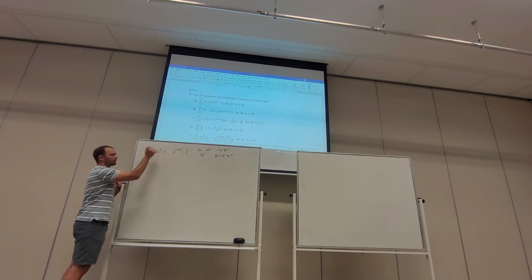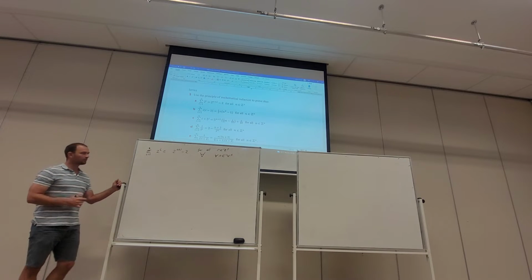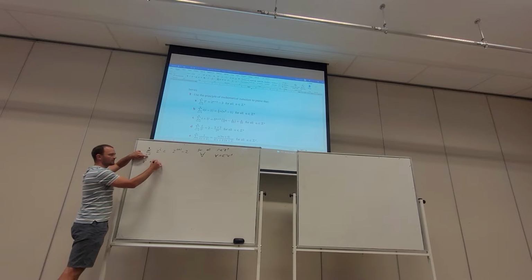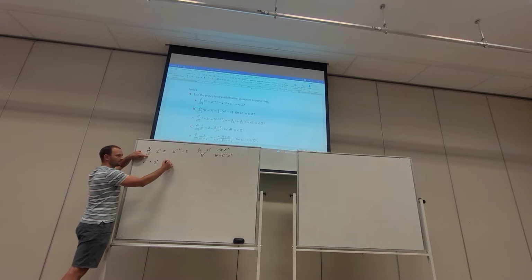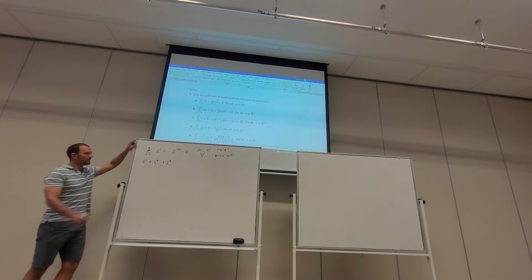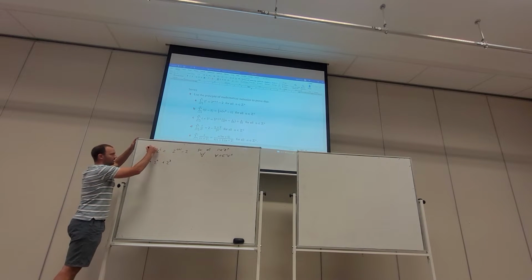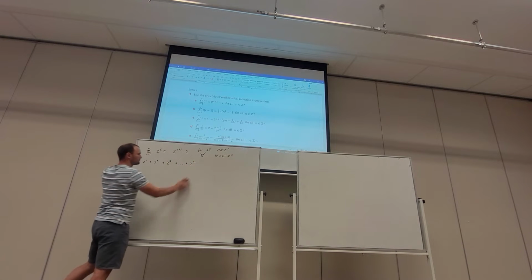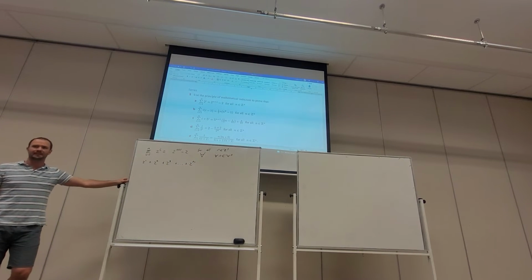If I put the number 3 there, it would mean 2 to the power of 1 plus 2 to the power of 2 plus 2 to the power of 3. In the question we have an n there, which means we want to go on forever. So that's what P of n is.